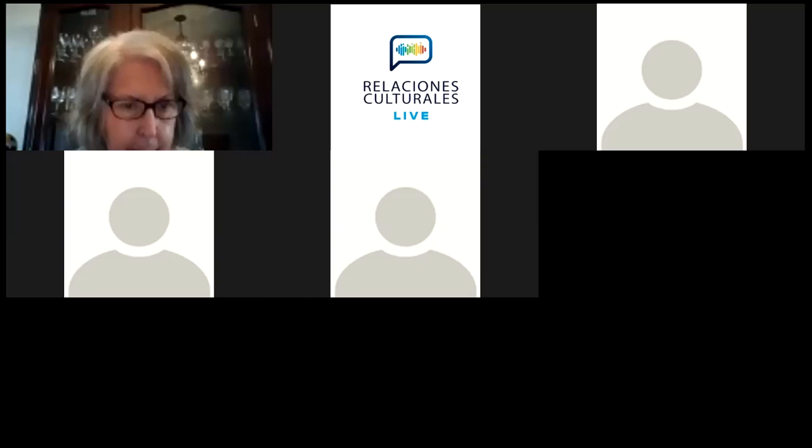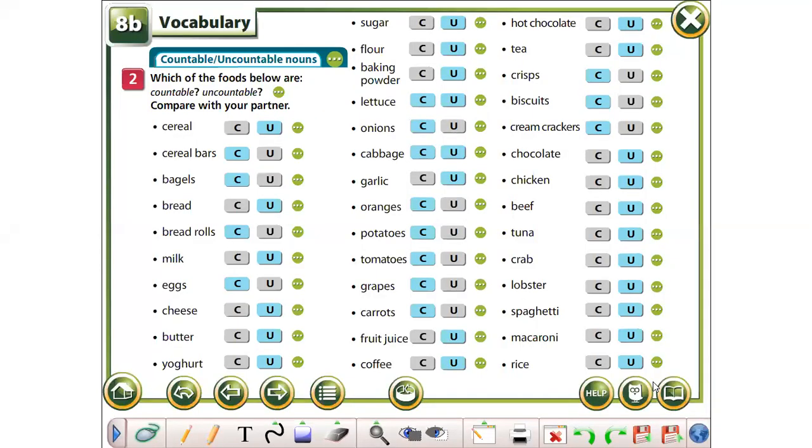I want you to tell me when you can see the software of the book. Can you see the software of the book? Yes. Okay, so in here, I already separated the type of food, countable and uncountable.